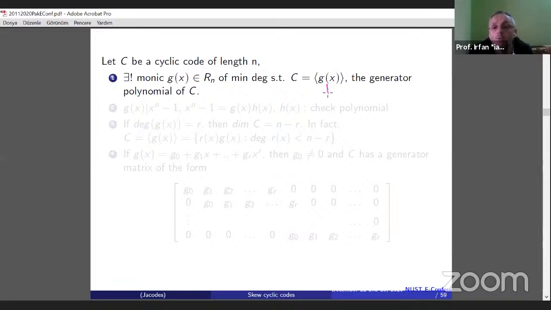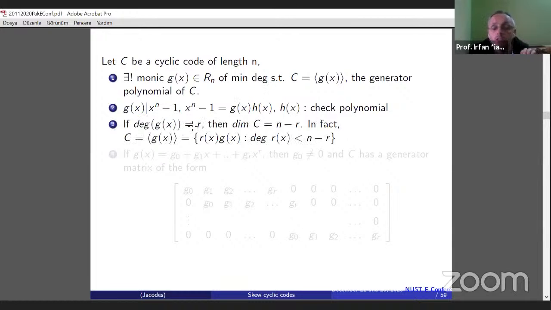So it means that we can just pick a generator polynomial that's going to help us to represent the whole space, all the ideal, all the code. And g is not just random, it has to divide x to the n minus 1. So we have a structure, and further, by reading its degree, if it's r, for example, you can tell the dimension. And also, further, you can list all the code words by using this g only.